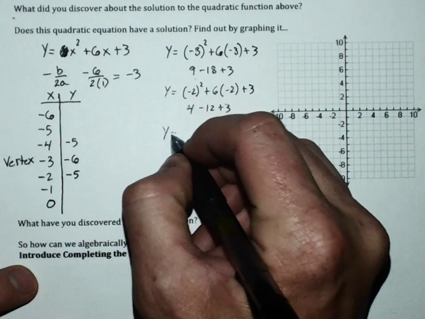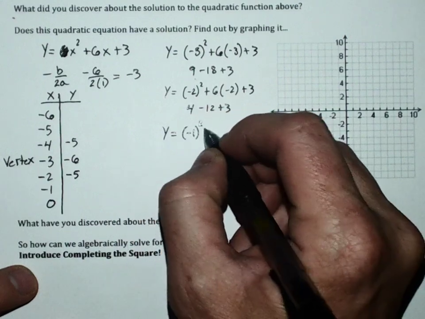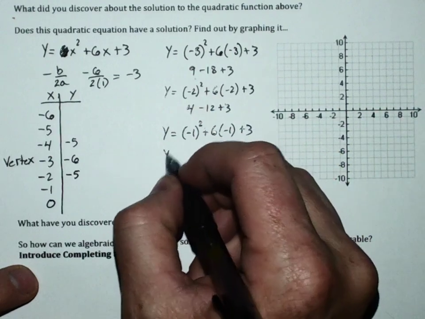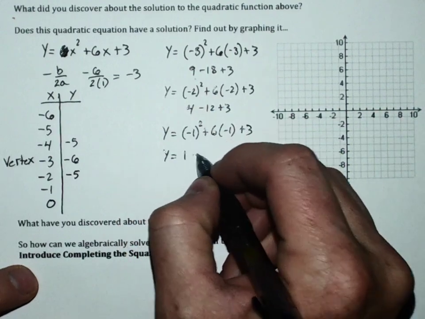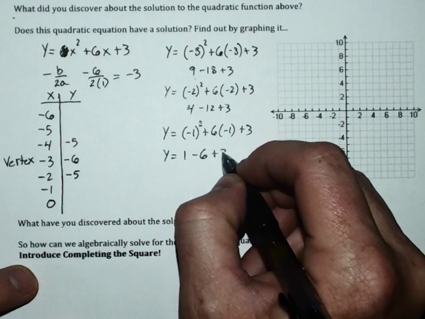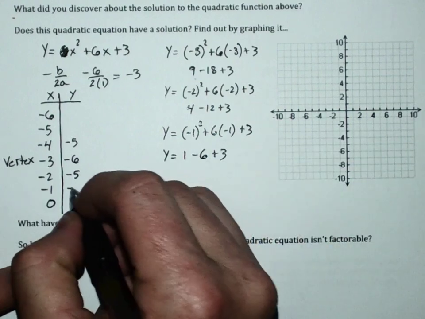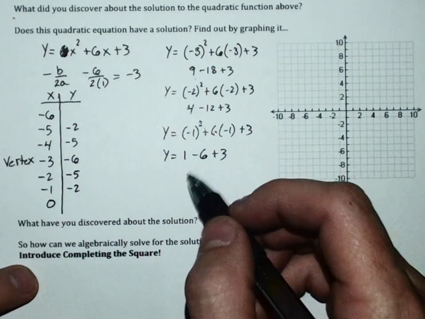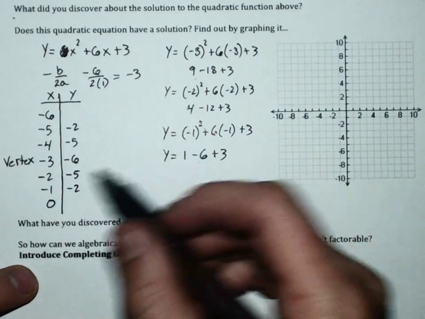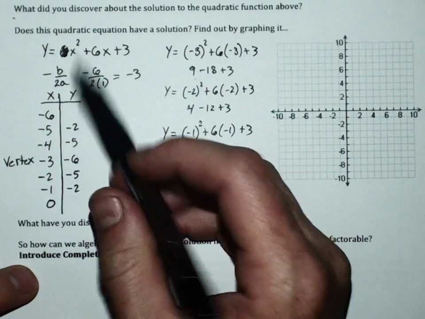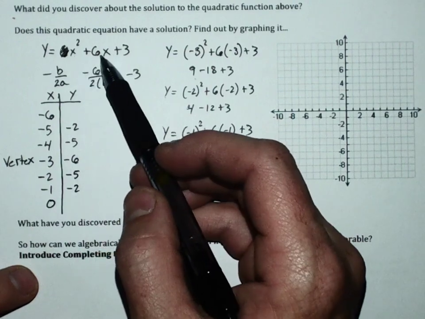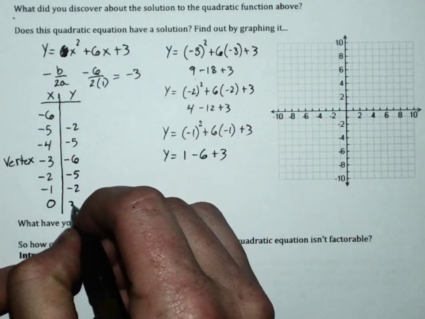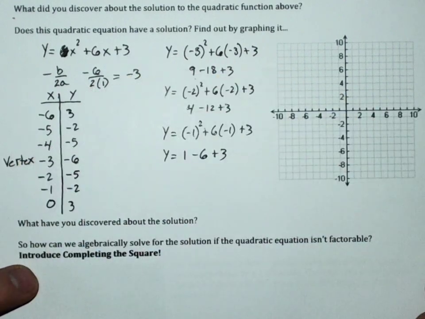We plug in negative 1. Negative 1 squared is 1, minus 6 plus 3 is negative 2. Plug in 0. Easiest of all to plug in. When I plug 0 in, x squared goes to 0. 6 times x is 0, so it's 0 plus 0 plus 3, which is just 3.